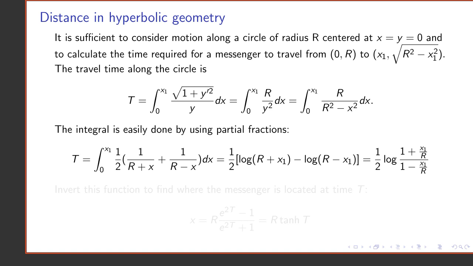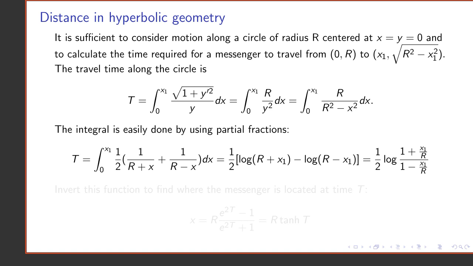We write r over r squared minus x squared as 1/2 times 1 over r plus x plus 1 over r minus x. Both these things are easily integrated. They turn into logarithms. The difference of logarithms is the logarithm of the quotient. So we get 1/2 log of 1 plus x1 over r over 1 minus x1 over r.